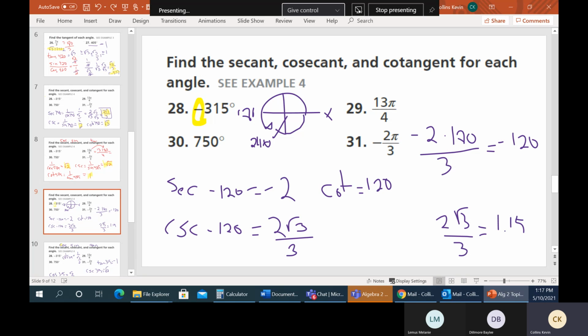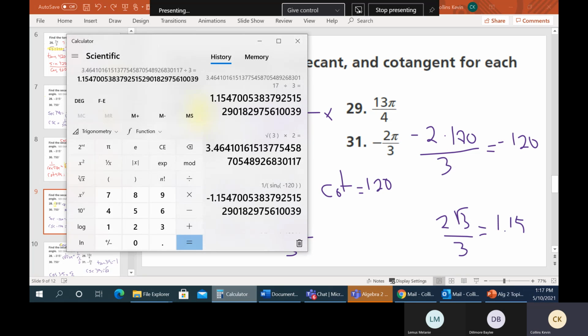All right, so let's get our calculator out. So then we'll do -120. Take the tangent. All right, so that is the square root of 3, 1.732. And then we're going to do 1 over that, which is 0.577.